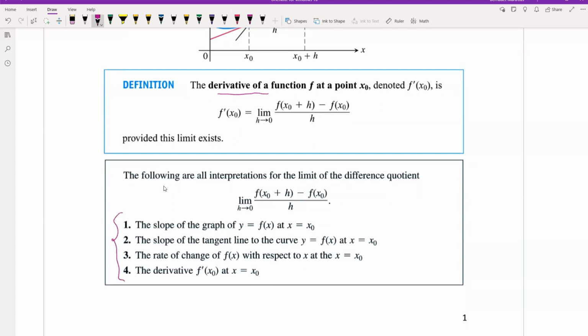From this part, the following are all interpretations for the limit of the difference quotient. We can say the slope of the graph of y equals f of x at x equals x naught.